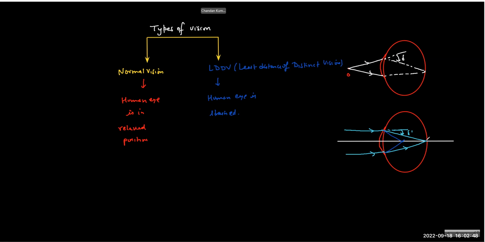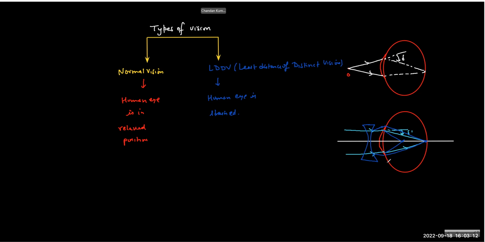We want the bending to be here, not here. So we aid the eye with some diverging system, which we call concave lens, which will deviate a bit, and then after convergence it will finally come to here. So we have myopia at a young age and hypermetropia at old age in general.